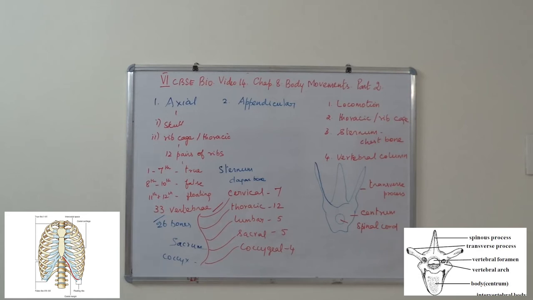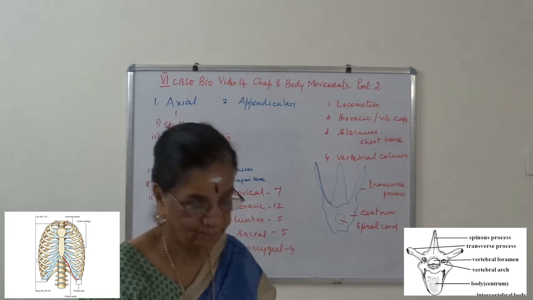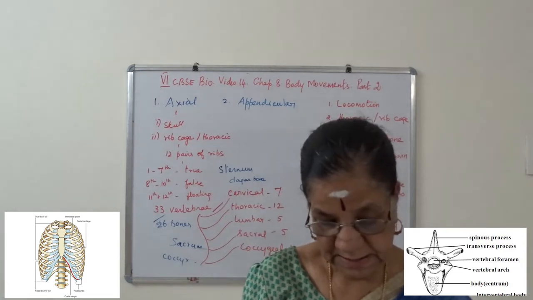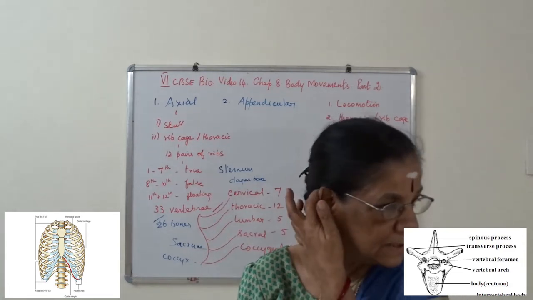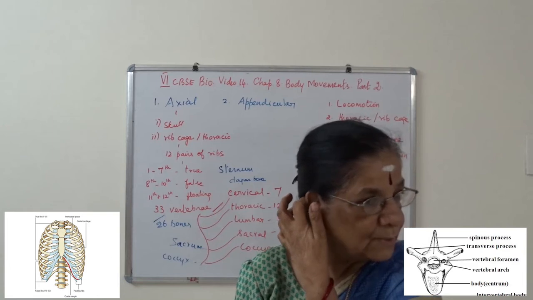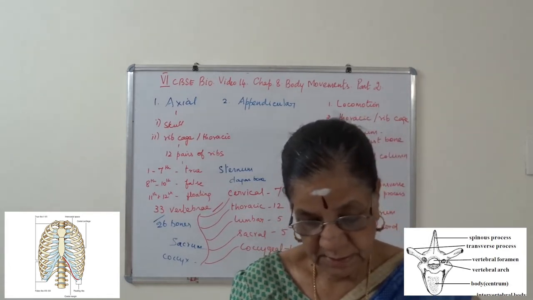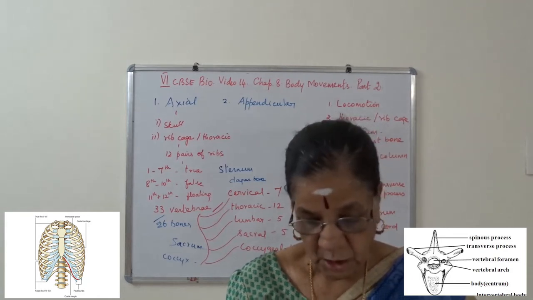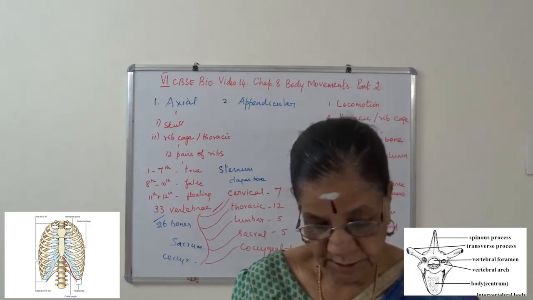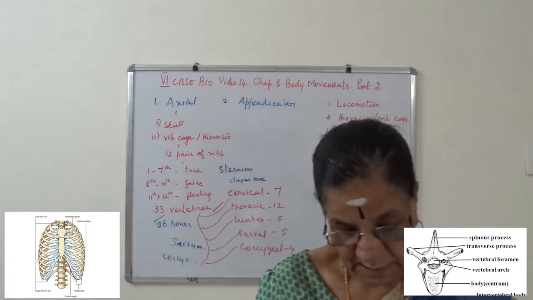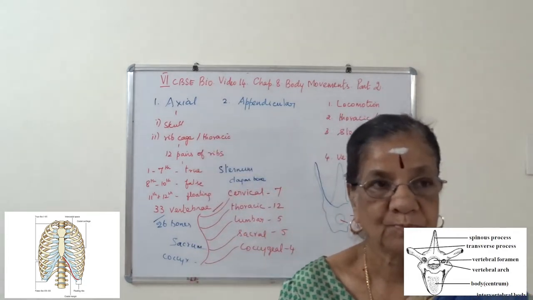So now we say the vertebral column or backbone is the central part of the skeletal system. All the other bones in the body are connected directly or indirectly to the backbone.